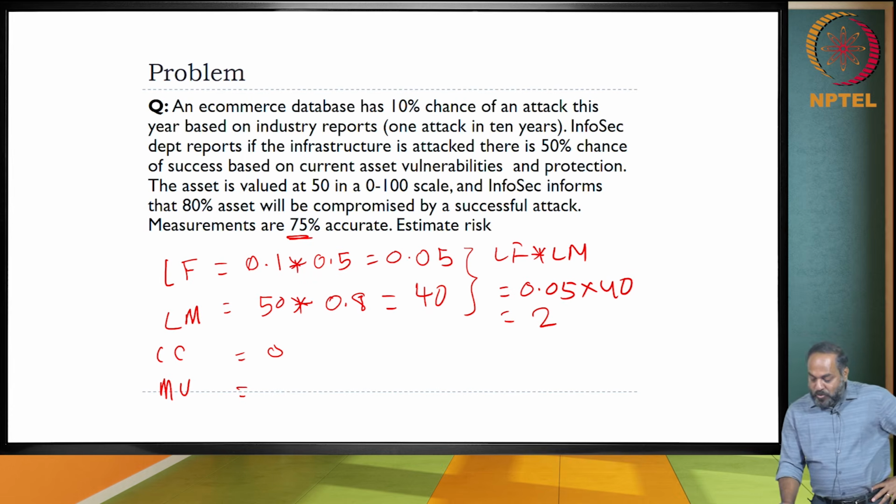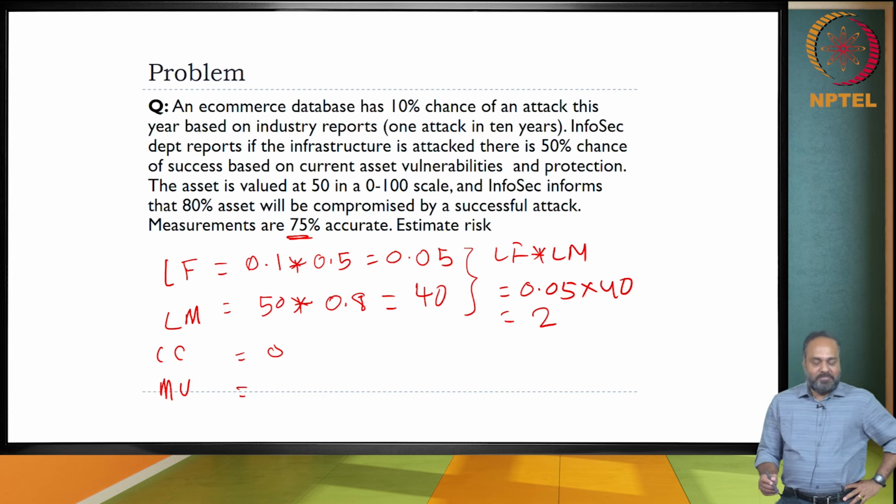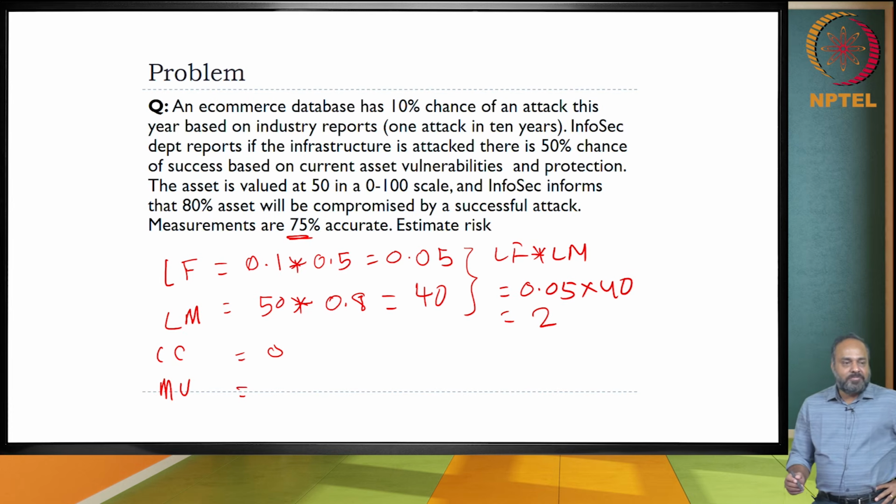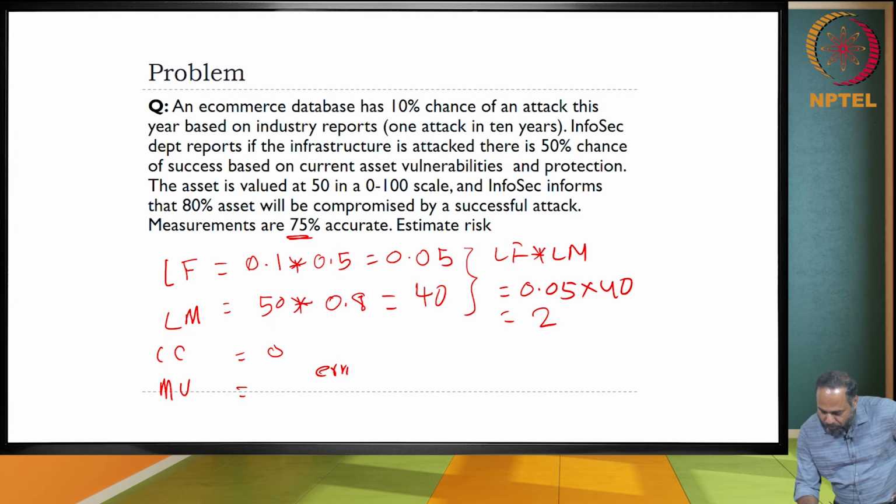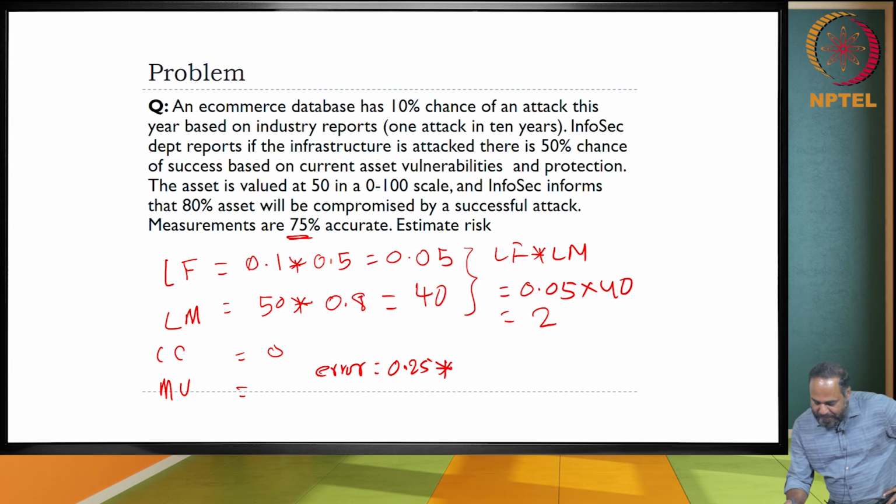Okay. So, the 2 has a chance of 25% error. So, error is equal to 25%. So, measurement uncertainty is that error into the value which is estimated.